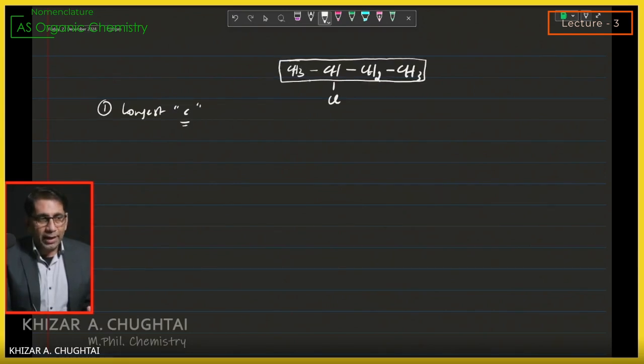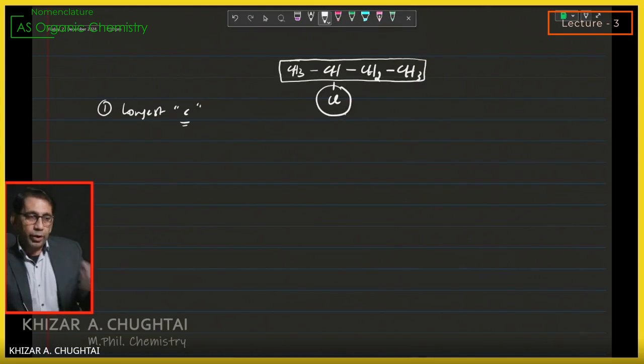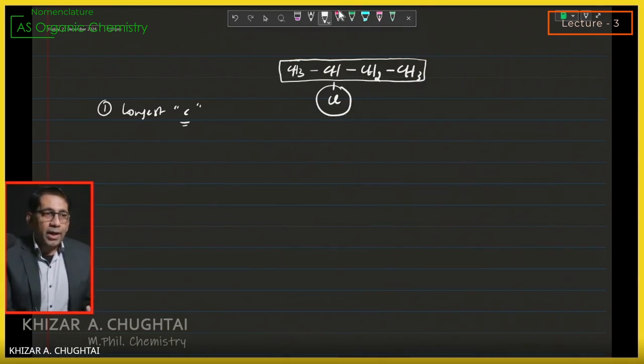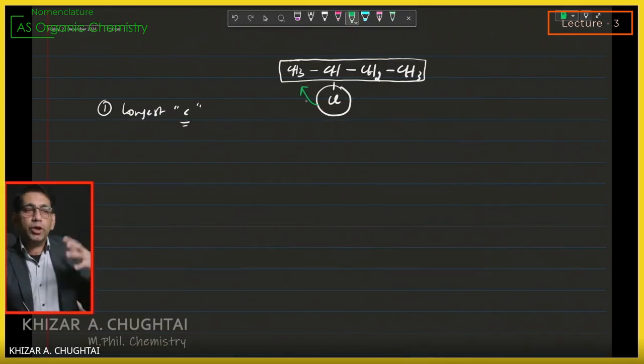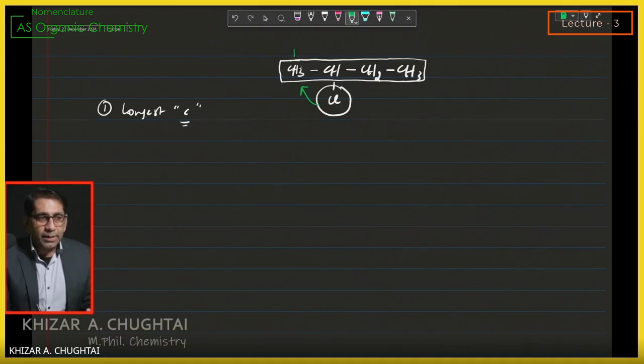All carbon atoms are lying in the longest chain. Once again, here is the functional group that is going to be treated as a branch. Number 2, mark the numbering from that end of the chain which is closer to the functional group or branch. This is the closer end. 1, 2, 3, and 4.